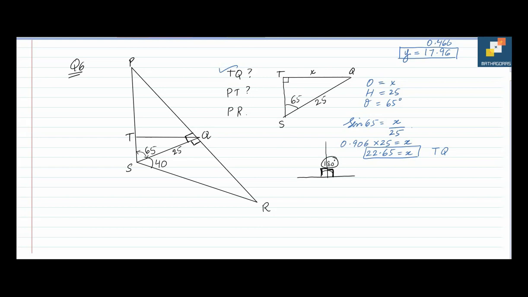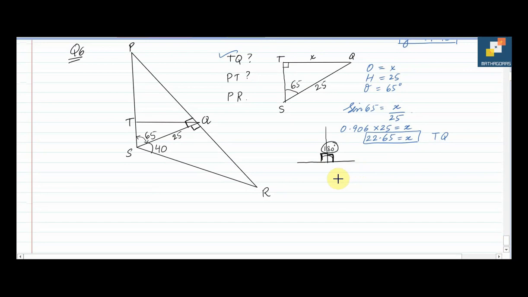Now we need to plot the triangle PQS. Now if I plot it PQS, so this line is P to S and this line is P to Q. So that is a triangle PQS, right?